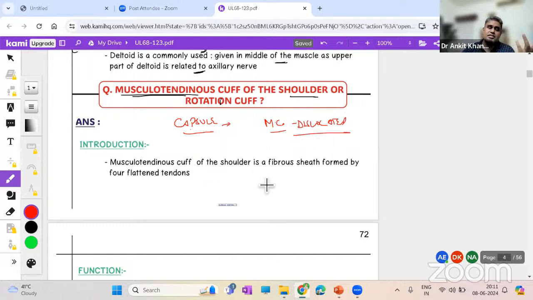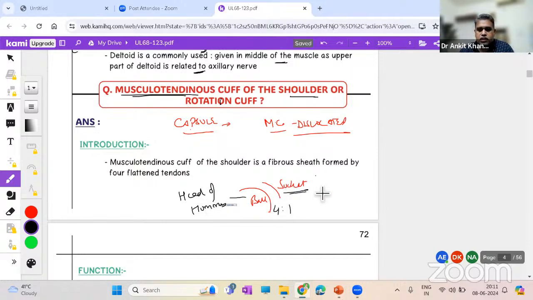The reason is that the ball is too huge and the socket is very small. By ball, I mean the head of the humerus. The head of the humerus is too huge; it has four times the surface area of the socket formed by the glenoid cavity. So the joint is frequently dislocated.